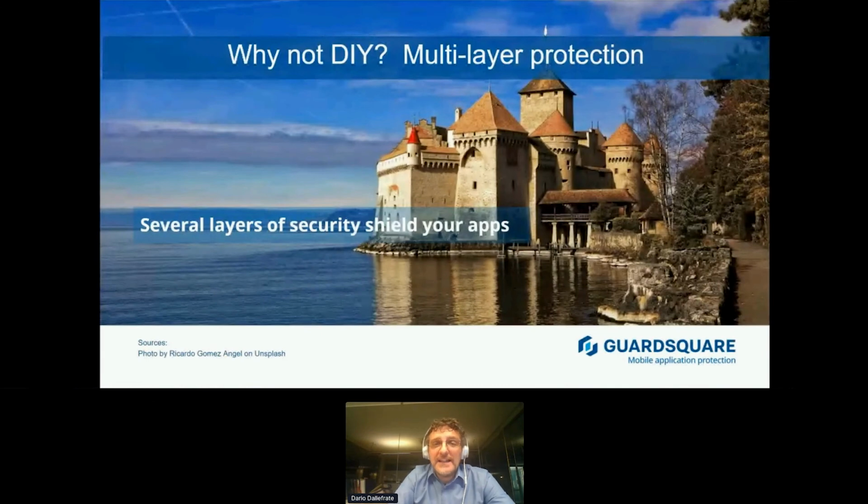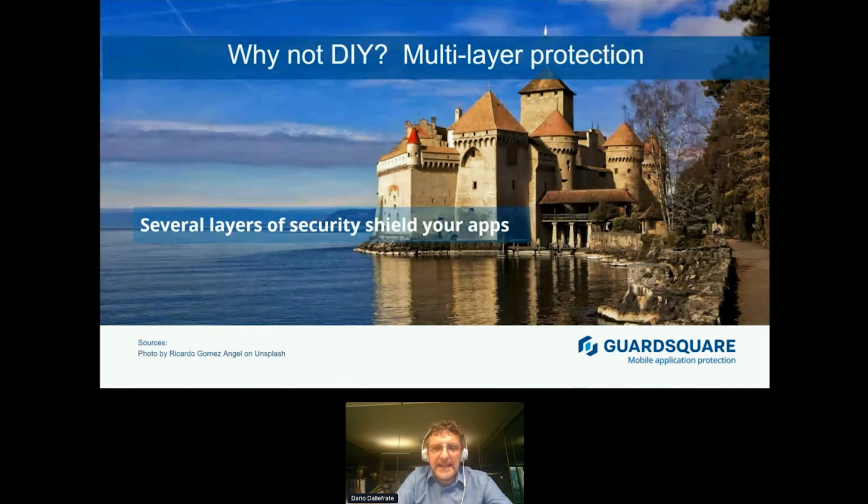Maybe you have seen a medieval castle. Many of them are surrounded by water, like in this picture. They are surrounded by walls. They have turrets and lookout points to check if enemies are coming. And inside the walls, there is the keep.